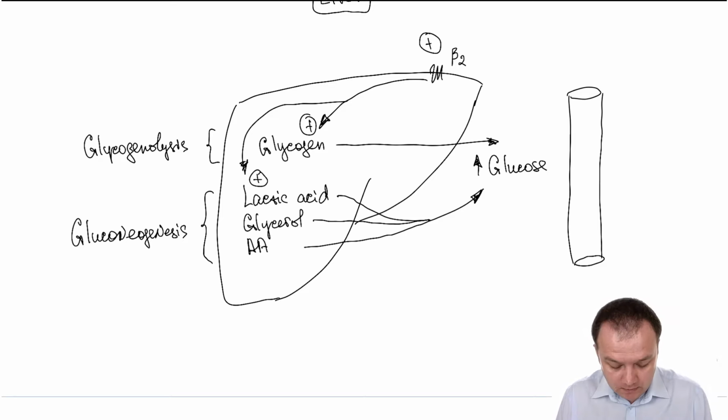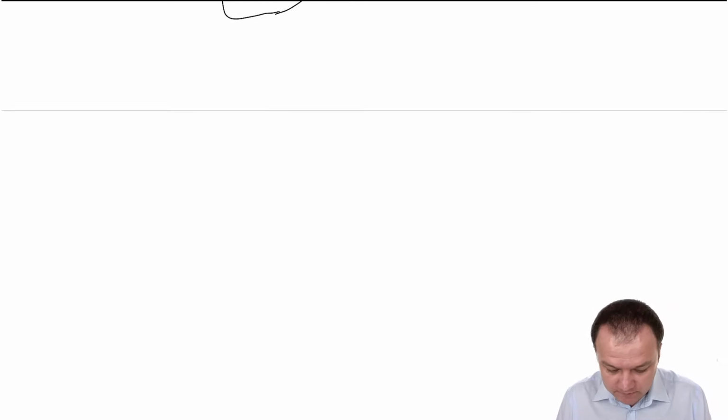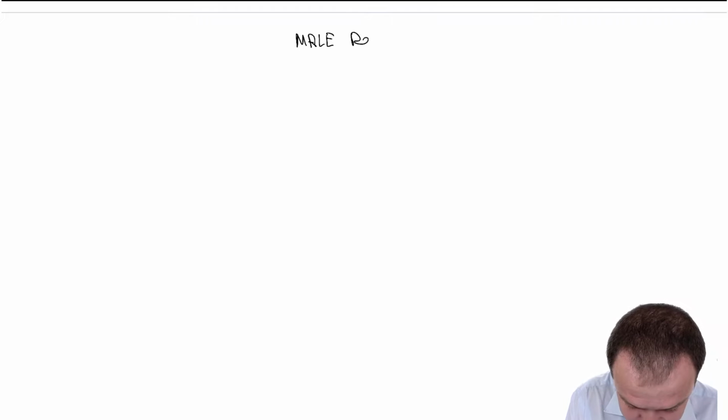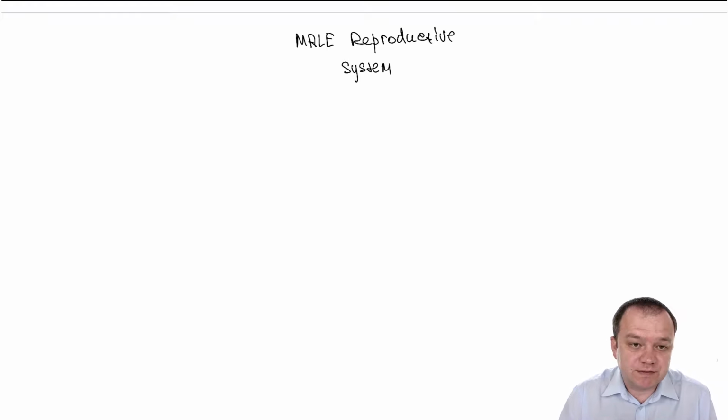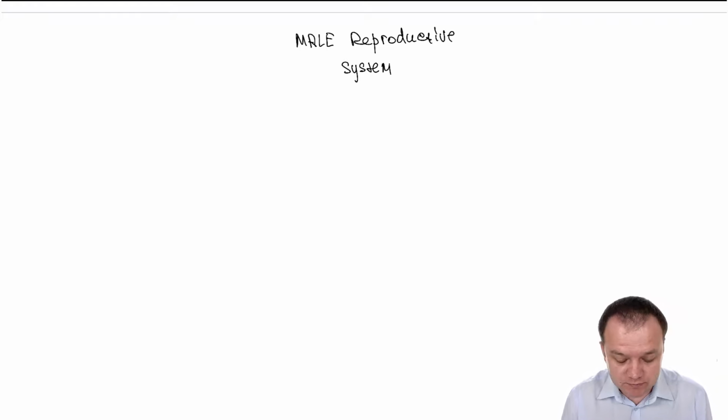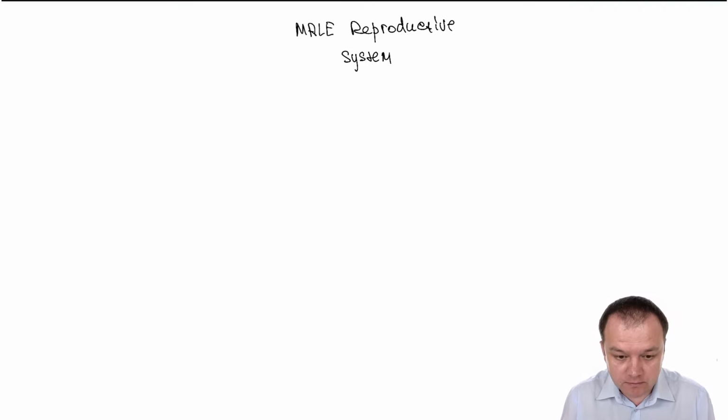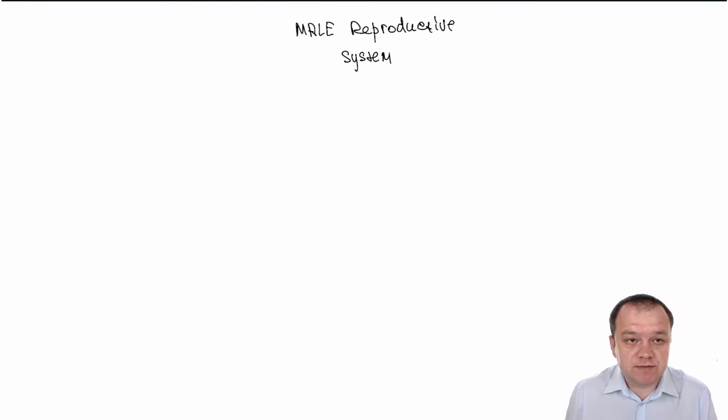Next, let's say a few words about male and female reproductive system. Male reproductive system. We see that in the prostate we have alpha-1 adrenergic receptors, right? And blockade of these alpha-1 adrenergic receptors has a therapeutic effect for patients with BPH.